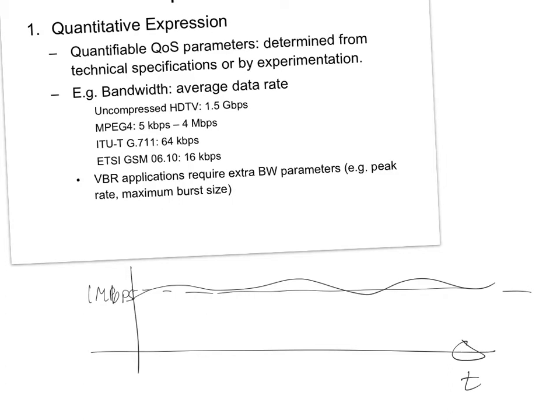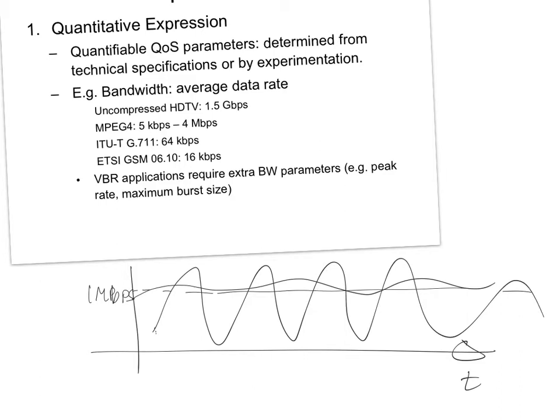For variable bitrate applications, usually one value is not enough. Because with variable bitrate applications, the variation in terms of bandwidth is usually high. Okay?